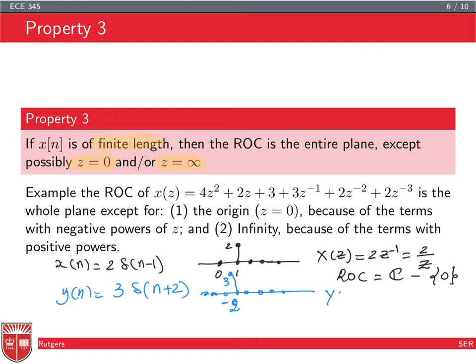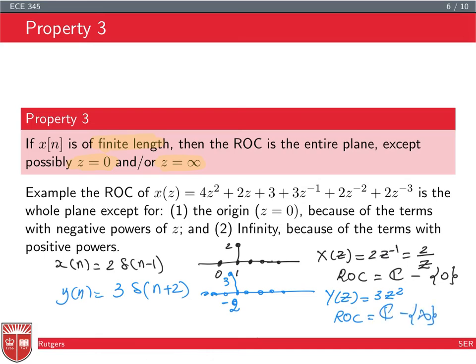If you just apply the formula, this gives Y(z) equal to 3z squared. And you can see that you have convergence everywhere, except when z goes to infinity, then Y(z) is not defined because it also goes to infinity. So the ROC here is the whole complex plane minus infinity.